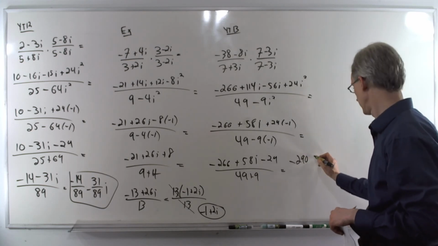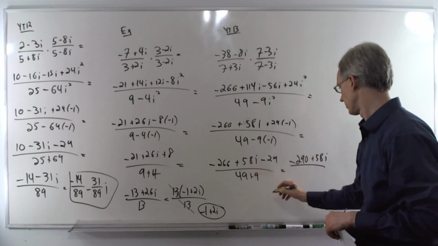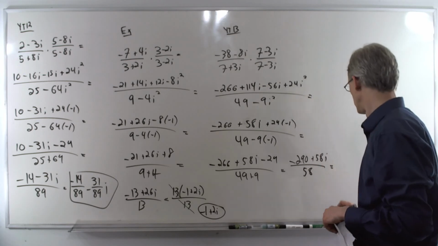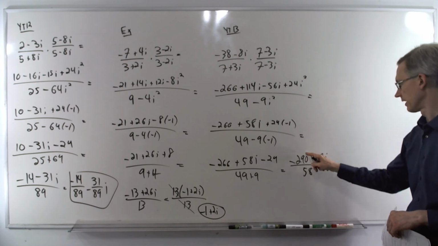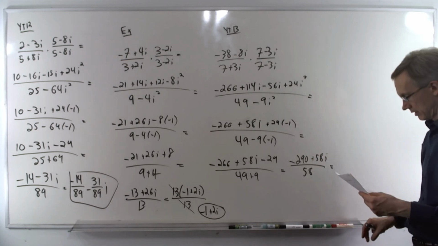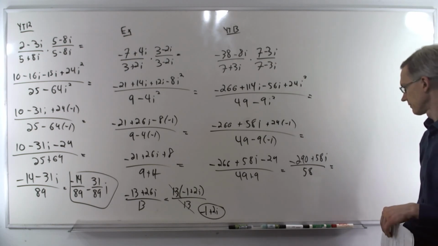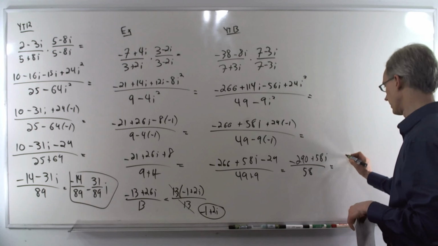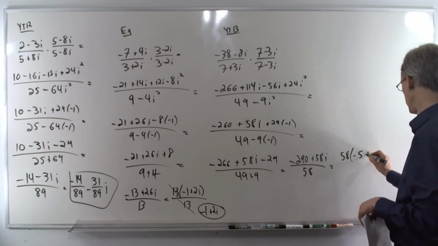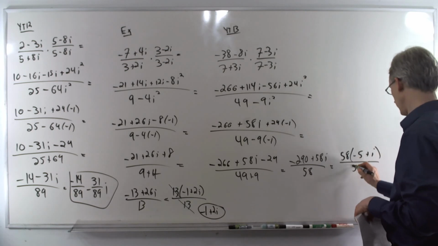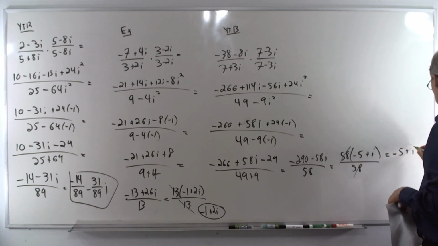So that's negative 290 plus 58i over 49 plus 9 is 58. So this is a pretty big clue that we're going to be able to factor 58 out of this. As it turns out, 290 is 58 times 5. So let's factor out a 58 and get negative 5 plus i over 58. The 58s cancel, and that gives us negative 5 plus i.